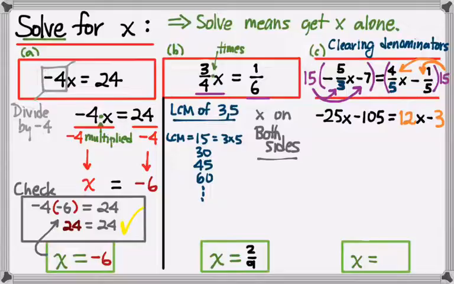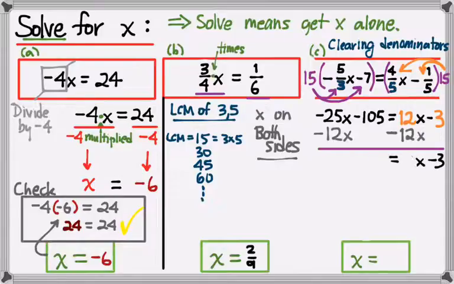I have a 12x on the right-hand side of this equation. If I don't want it to be there anymore, I need to subtract it. This is a subtraction sign. If I subtract it from the right side, I also have to subtract it from the left side. But when I subtract 12x from both sides, how many x's do I have left on the right? None. 0x. And in that case, we don't even need to write 0x anymore. It just becomes 0. So anytime you're fixing the x on both sides problem, the solution to that is always subtraction.